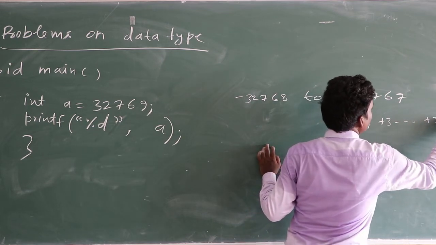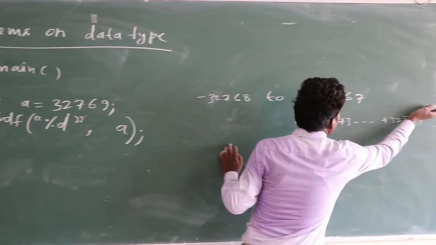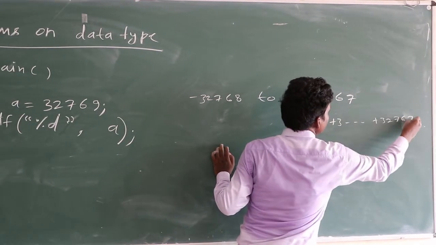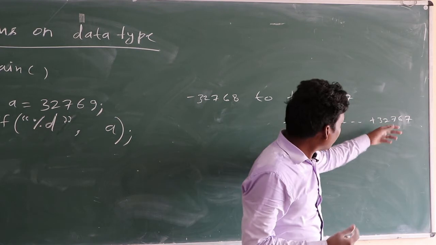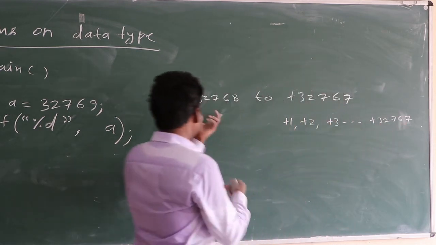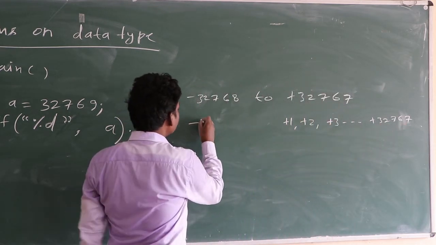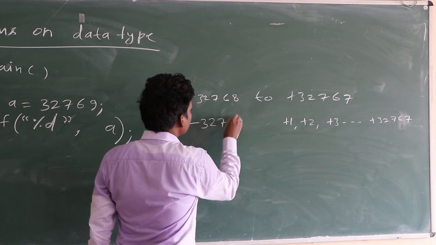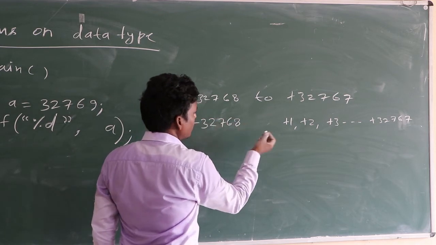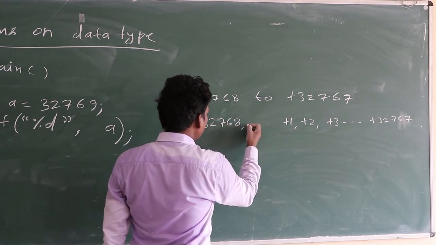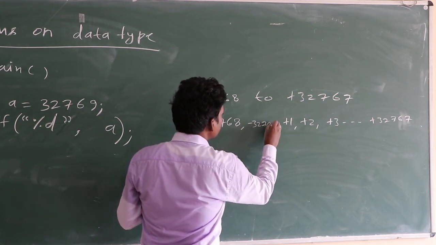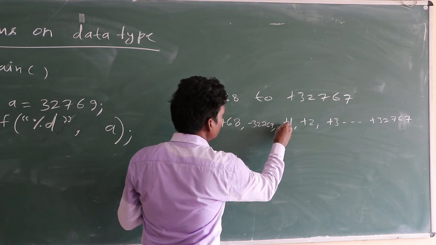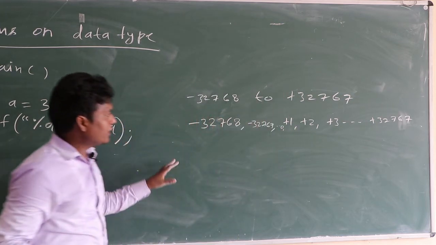Up to 32767. When you attempt a +1 increment on this number, you will get to the negative side, the number -32768. Again, when you increment, it goes further toward 0 in this way.